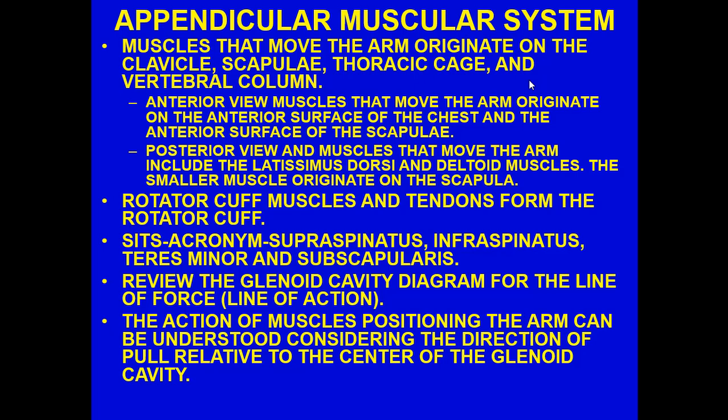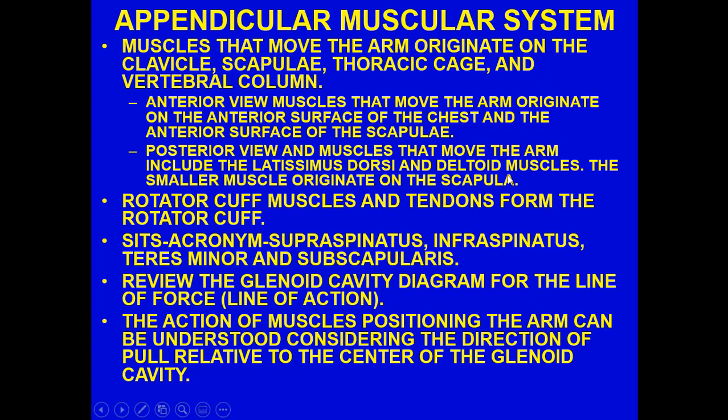The rotator cuff muscles and tendons form a rotator cuff. We have what's called SITS. This is an acronym, SITS. This is supraspinatus, infraspinatus, teres minor, subscapularis. I want you to review the glenoid cavity diagram for the line of force. That's the line of action that you see.